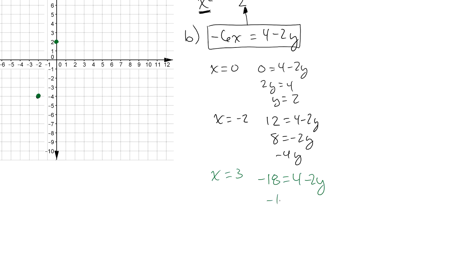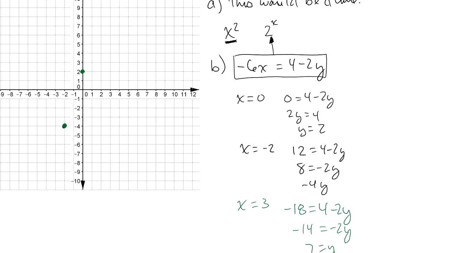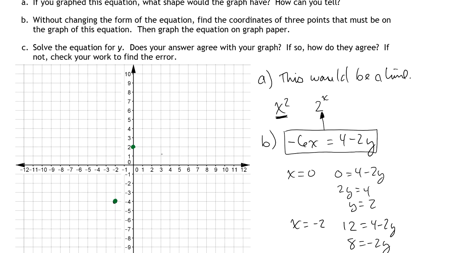That gives me negative 14 equals negative 2y. Okay, and then if I divide both sides by negative 2, I should get that, well, 7 is what y is. Positive 7 is what y is. So 3, 7 should be another point. So let's go 3 and then up to 7. Well, the thing I'm liking is it clearly looks... Uh-oh. Did I make a mistake somewhere?